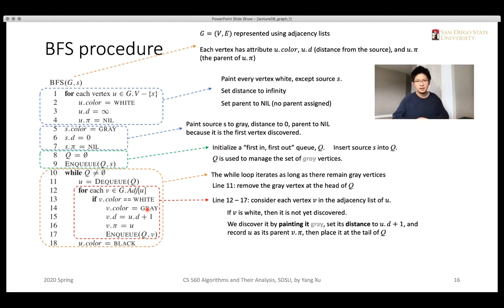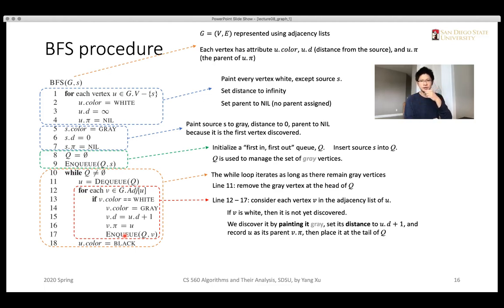Then we set the distance of V to the distance of U plus 1, and the parent of V to be U. Because V is an adjacent vertex of U, and we discovered U first, all of U's adjacent vertices that are discovered later should have a longer distance from the source.